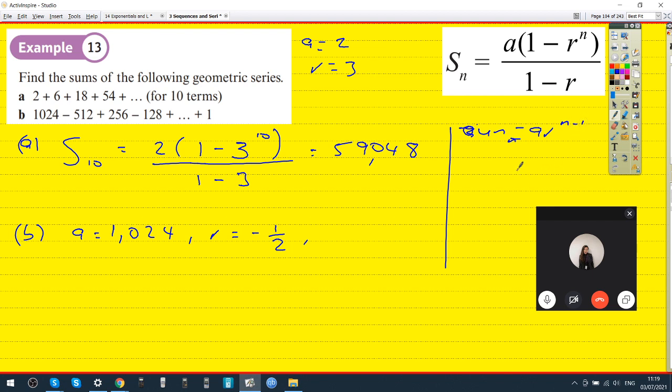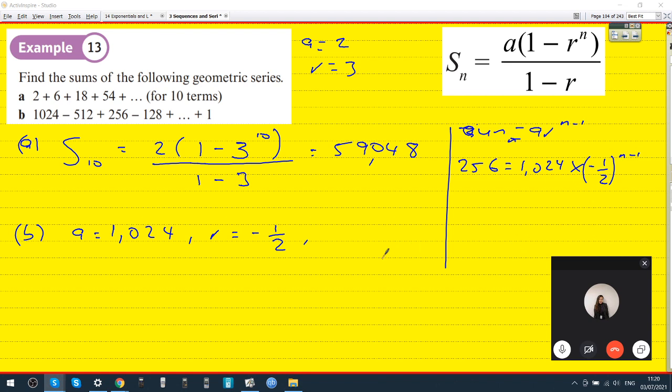So let's say sub in the third term. I'll just pick the third term. So 256 is equal to a is 1024 times minus a half to the n minus 1. Yeah, so you just have to solve that. You could try putting it in the calculator.